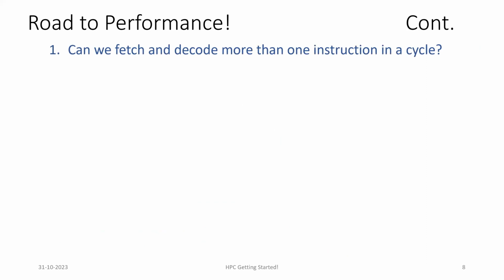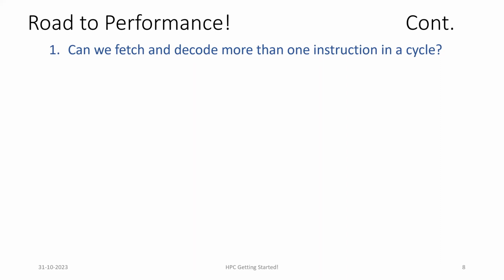Why should I fetch or decode only one instruction in one cycle? Can I fetch more than one? If I am able to do that, it's called the width of the pipeline being increased. Whatever pipeline we saw, a single row of 5 stages, imagine that replicated in the second dimension.